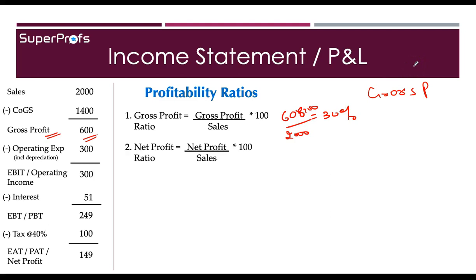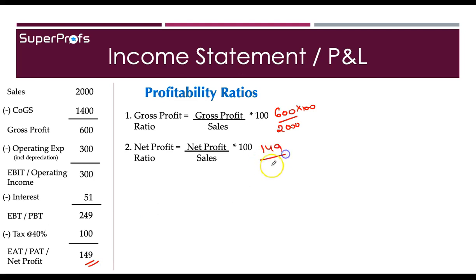Next is net profit ratio. Let me just write down 600 upon 2000 into 100. Net profit would be, your net profit came down to 149. So 149 upon 2000 into 100.